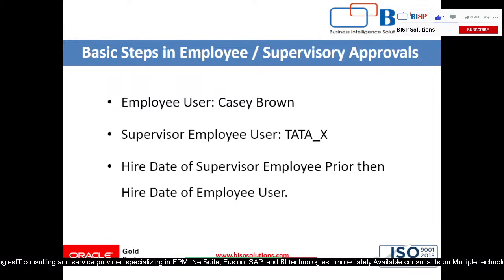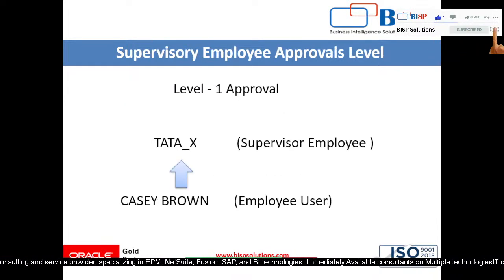So date is very mandatory, right? And it is our approval. So a request created by the employee user, that is Casey Brown, is sent to our supervisory employee, that is Tata X, and Tata X is our manager, right?